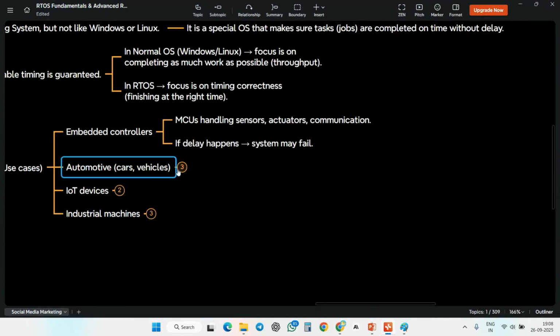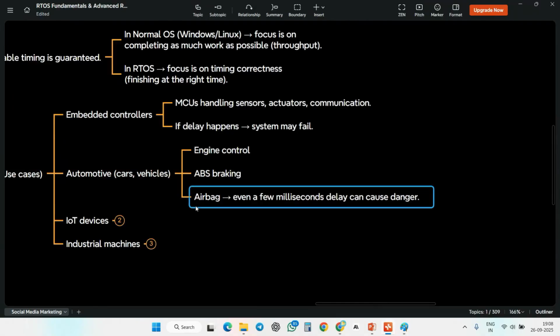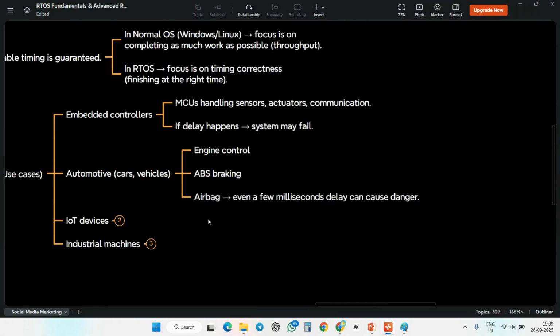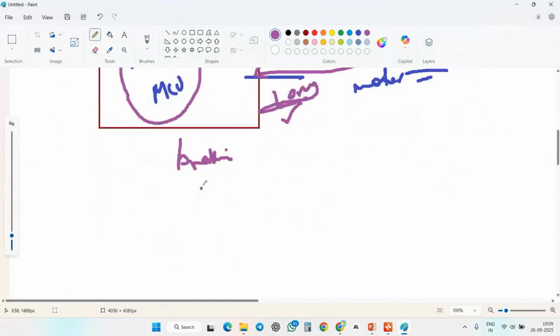In automotive cars, we can use it for engine control. If you want to control the engine, the braking system, or the airbags, you can deploy everything here. These are very crucial because they are the things which expect a deadline.